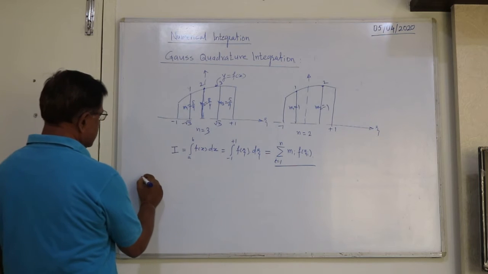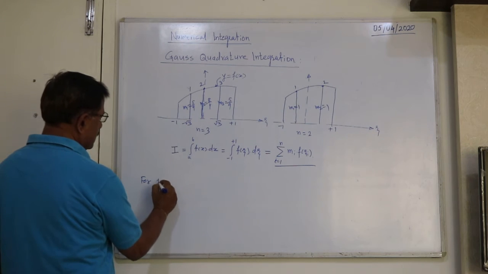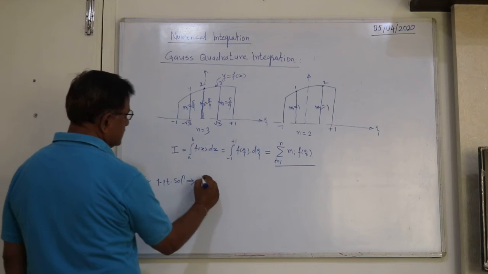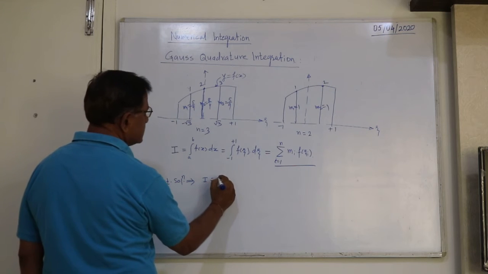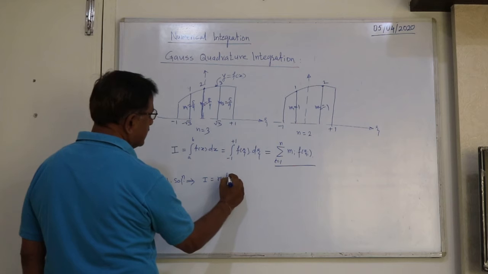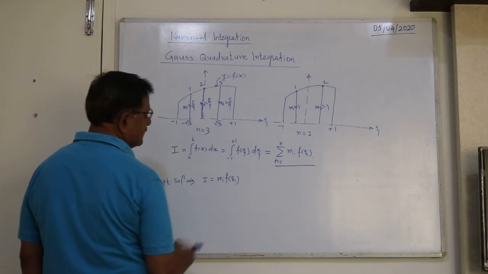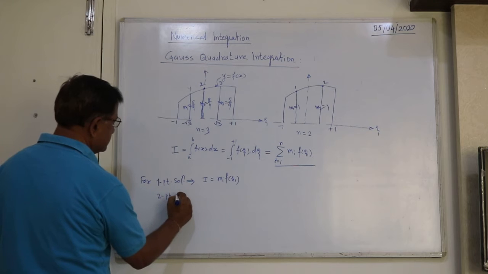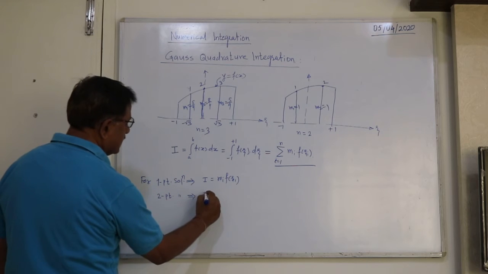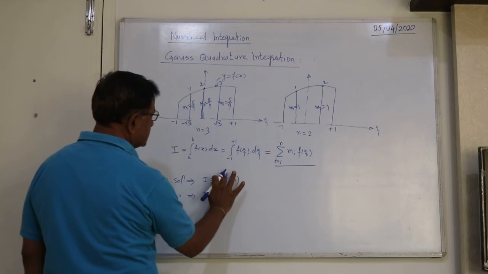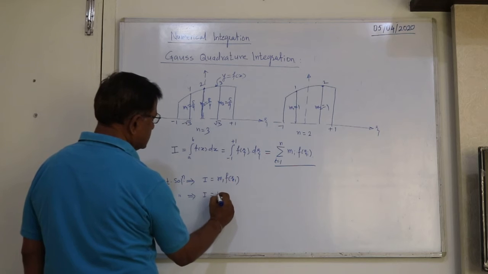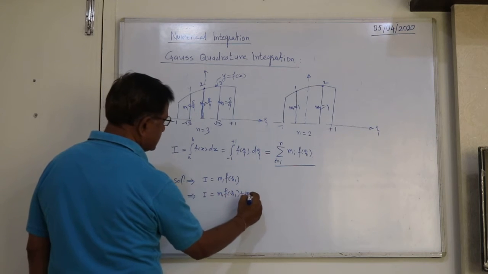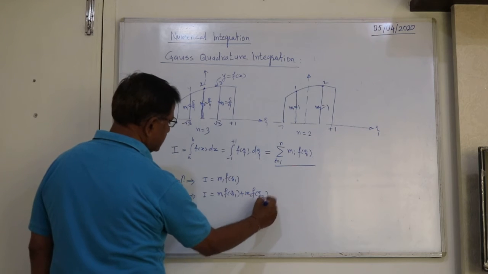Now suppose, for 1 point solution, this I becomes simply m1 f(xi 1). For 2 point solution, I equal to m1 f(xi 1) plus m2 f(xi 2).